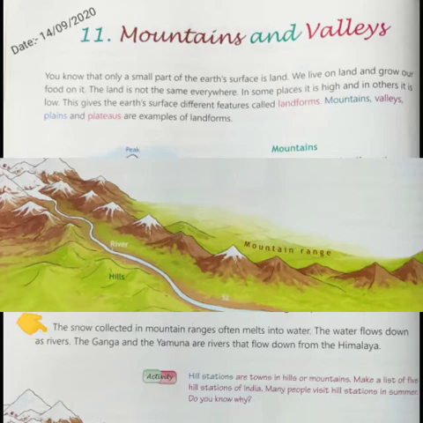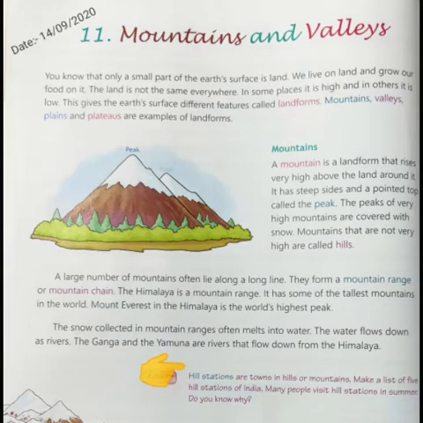Class, hill stations are towns in hills or mountains. Many people visit hill stations in summer to get temporary relief from the heat of the sun. In hilly areas, the temperature remains favorable. It is not freezing cold in hill stations during the summer season, and thus any group of people can enjoy the beauty of nature.